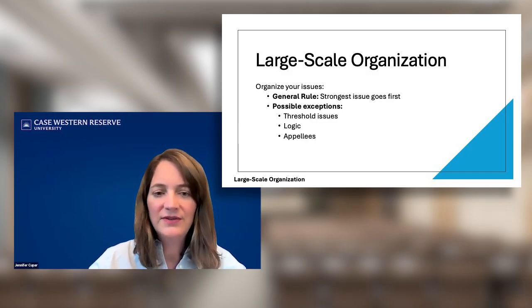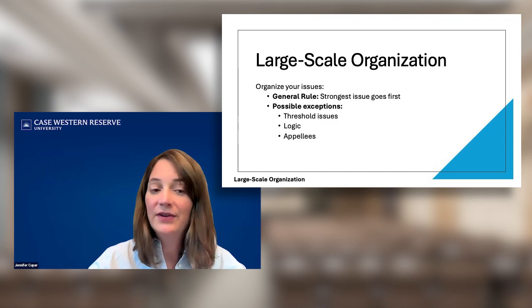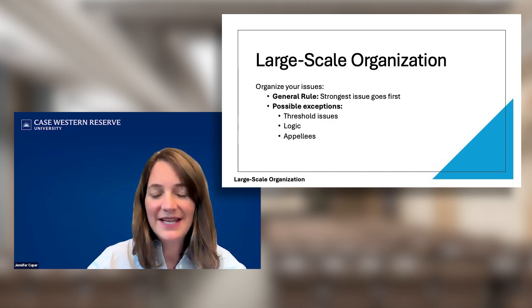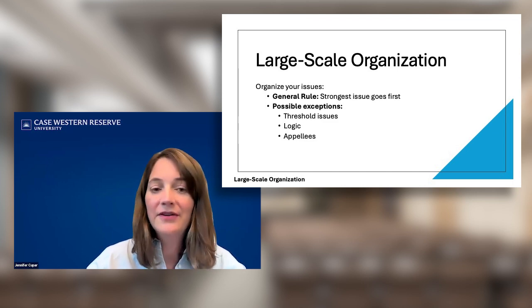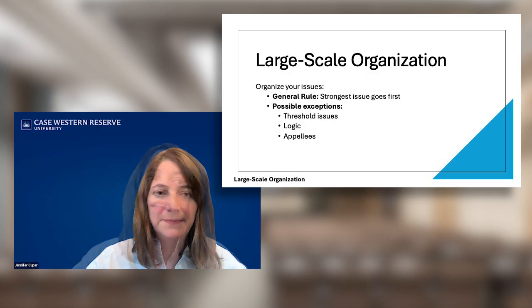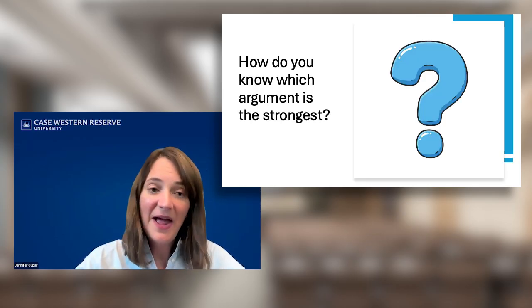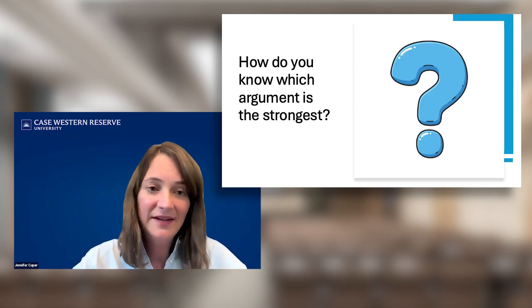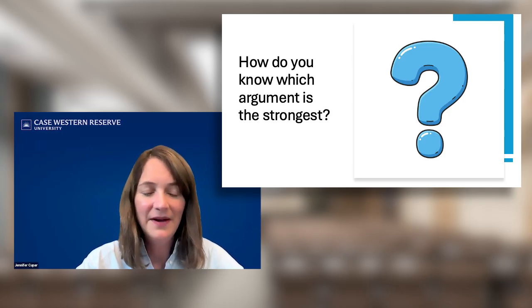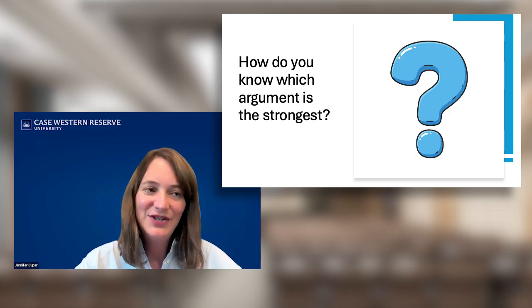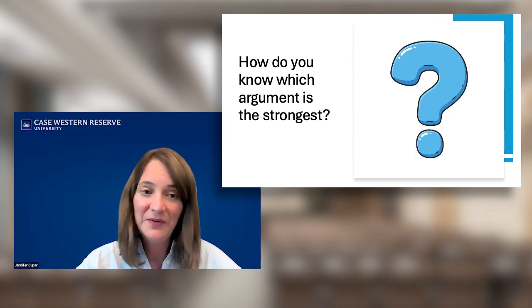So threshold issues, logic, and if you're the appellee, you might decide to go with something other than your strongest issue first. Well, on an appellate brief, they're going to have to go back and look at what the trial court's reasoning was. They have to have a really good understanding of what the law is on that issue. They've got to be able to poke holes in their own arguments.